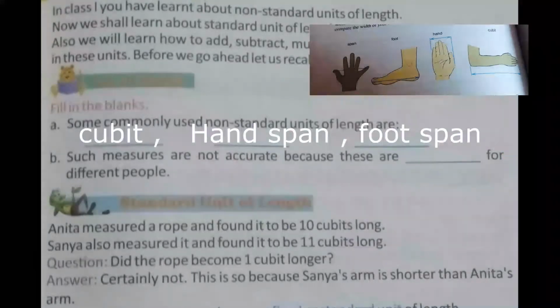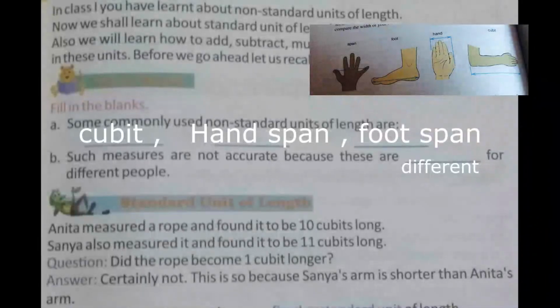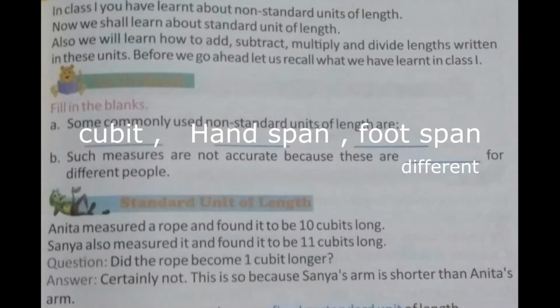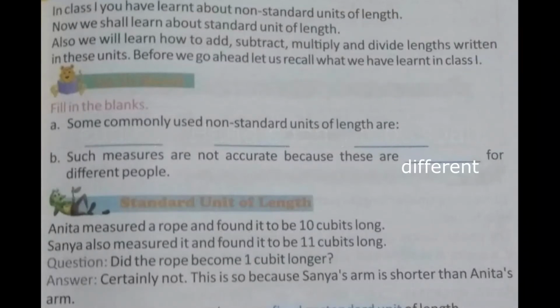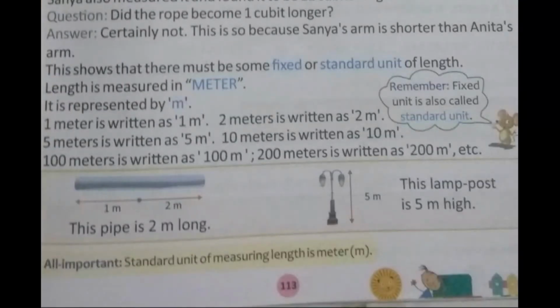Now, second one. Such measures are not accurate because these are different for different people. Now the question comes, if non-standard units are not perfect, then what is the perfect one?